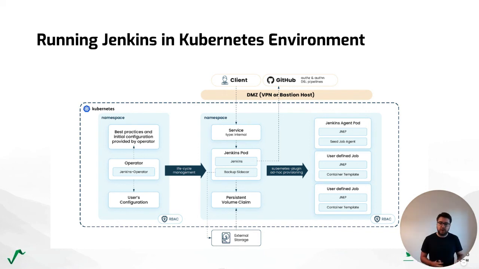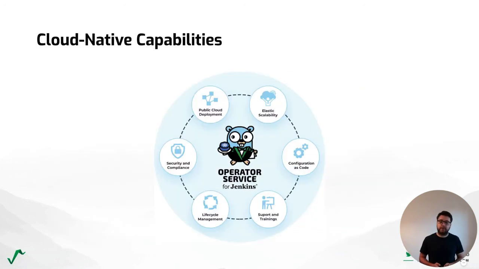We want to separate these two and make sure we have a dedicated sandbox environment to run these sensitive operations. And we have more user-defined agents depending on your configuration in Git. It can consist of various different containers. It will always have JNLP in place to provide communication between Jenkins controller and agent.